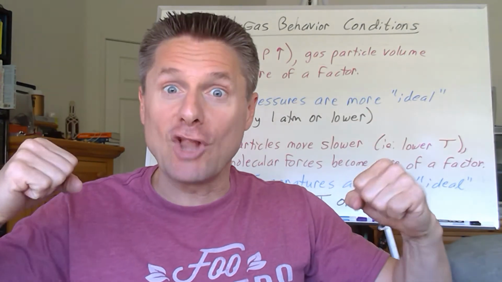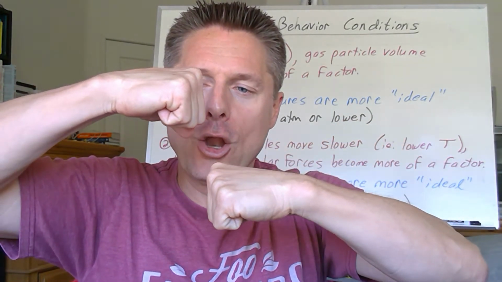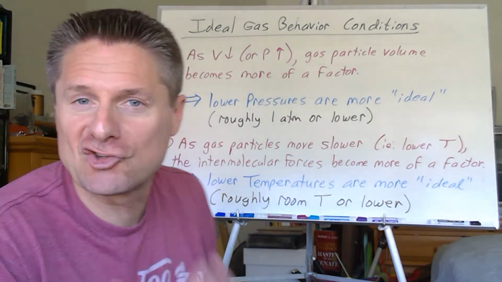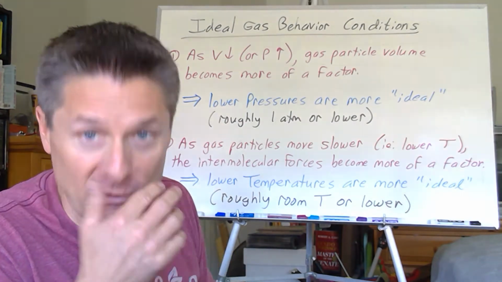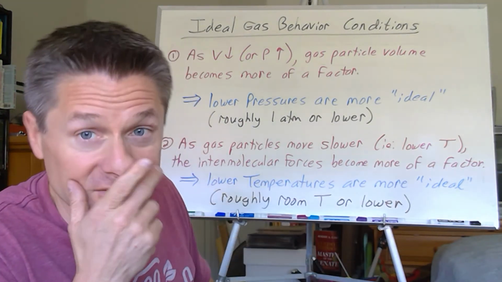But if they're moving slow, you make it colder, instead of moving like this, they're like, whoa, hey, look at you. And those intermolecular forces lock into place and things change, right? So the colder it is, the slower they're moving, the more impact the intermolecular forces are going to have, a more relevant factor. Okay, so lower temperatures are bad.